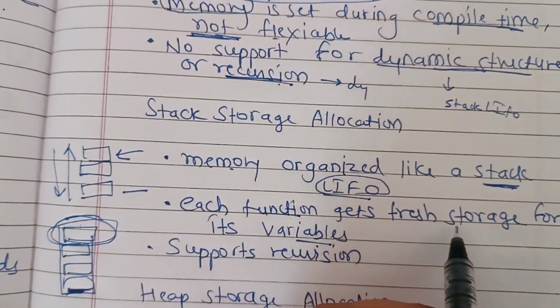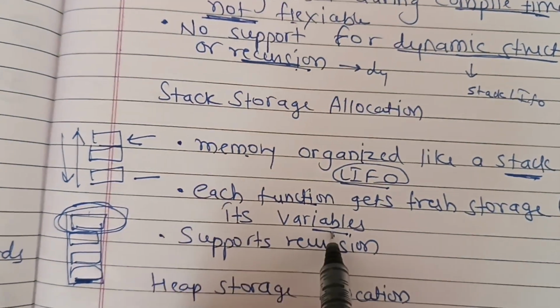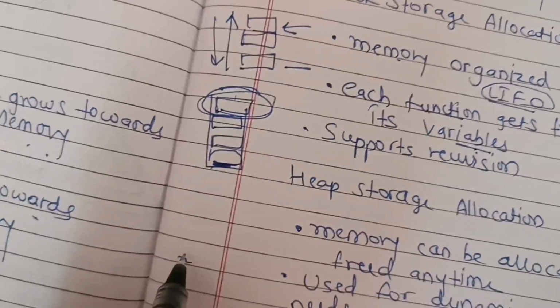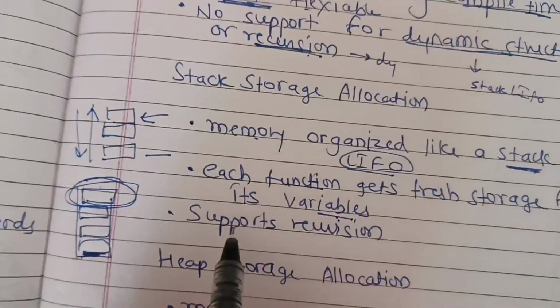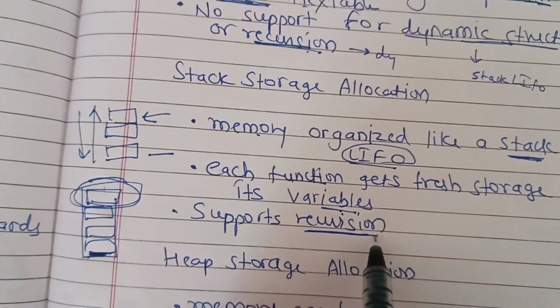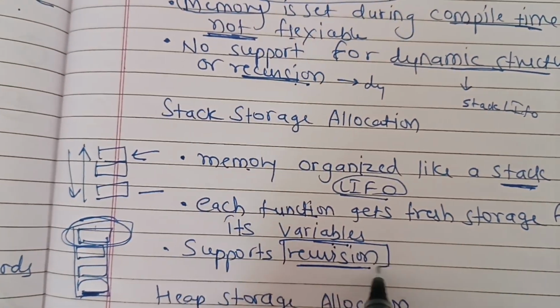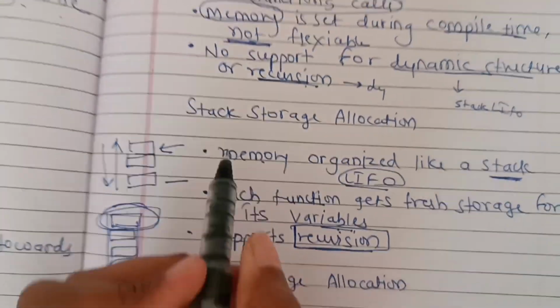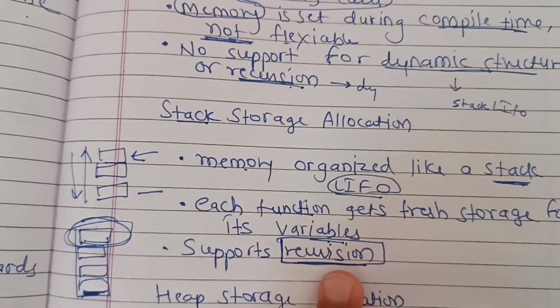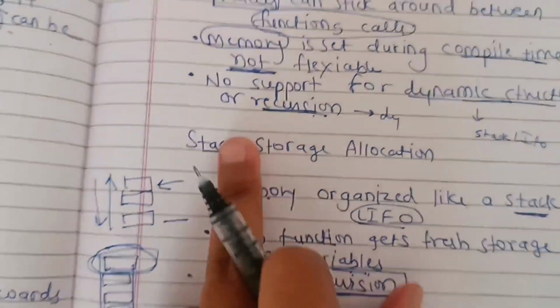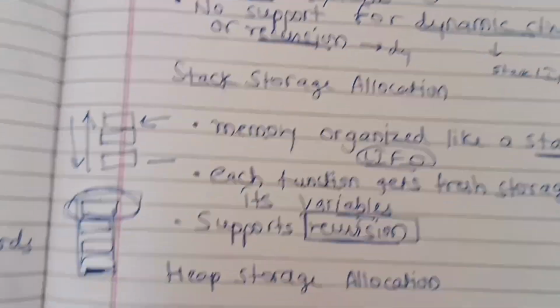So each function gets fresh storage for its variables, like x, y, z. Now it supports recursion. Just because recursion is a data structure topic, it comes under stack storage. We can support recursion in stack storage allocation.